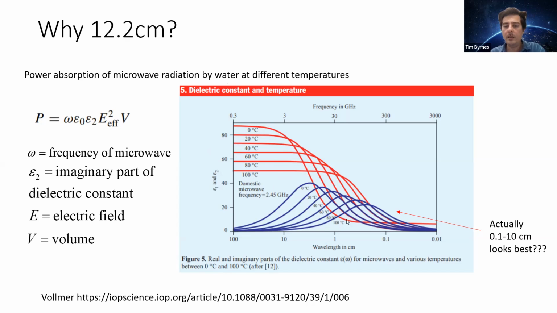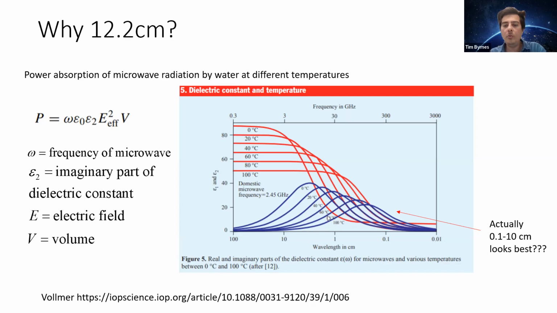This is basically what is actually going to be absorbed here. And depending on the temperature of the water, the absorption will actually shift. And for water that's like 0 degrees, the peak is more like, say, 5 centimeters. This is the wavelength that is best absorbed by water.